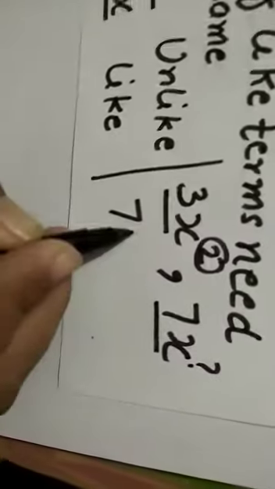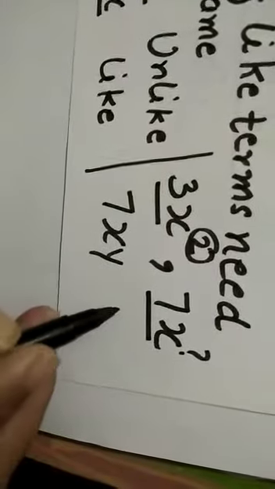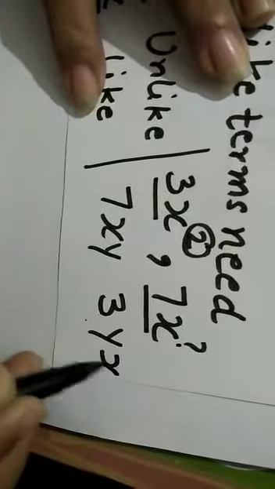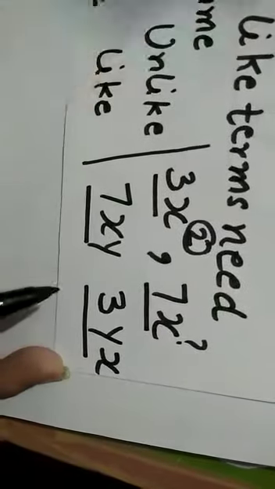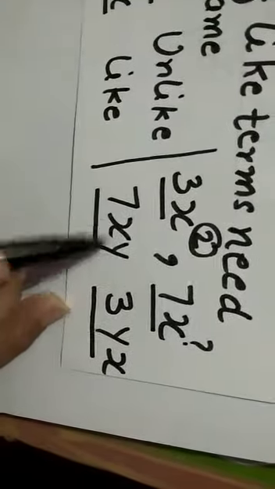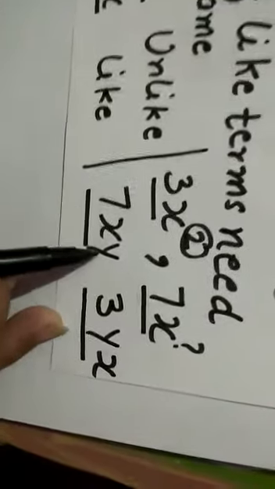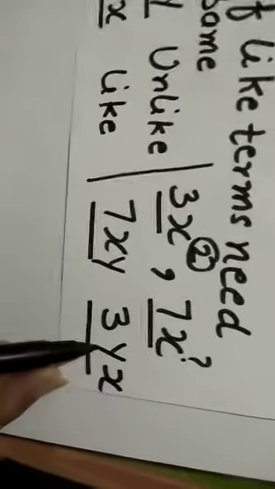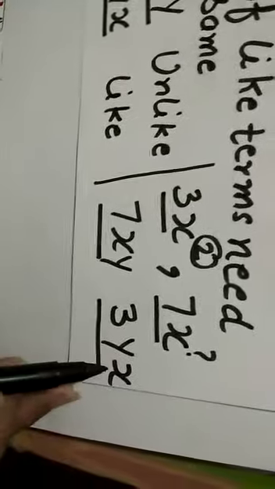If I'll say 7xy and 3yx, these two are also like terms. Two variables x and y, here also two variables y and x, variables are the same but their order is different, but these are also like terms.